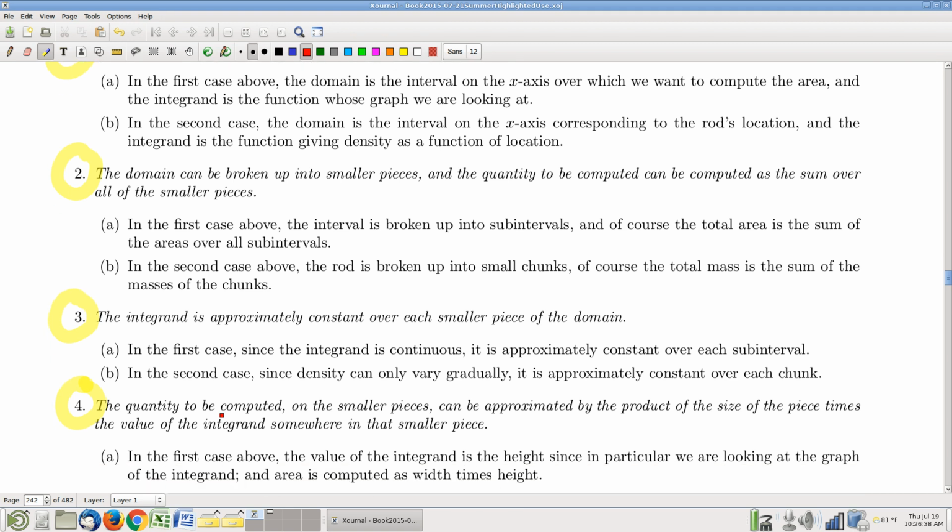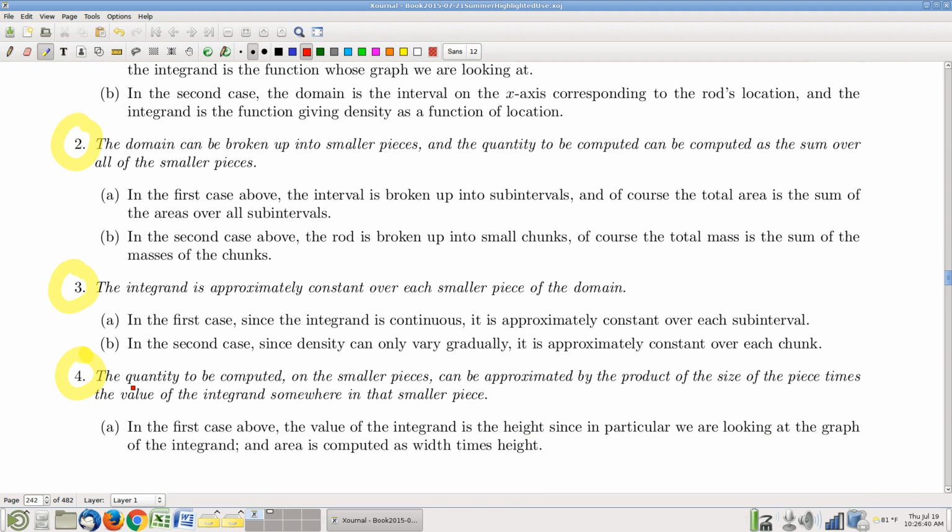And the last issue is that on the smaller pieces, the thing that we're interested in, be it area under a graph, be it the mass on a little piece of a rod, whatever, on each little piece we're looking at a product, and specifically it's a product of the value of the integrand times the size of that piece.